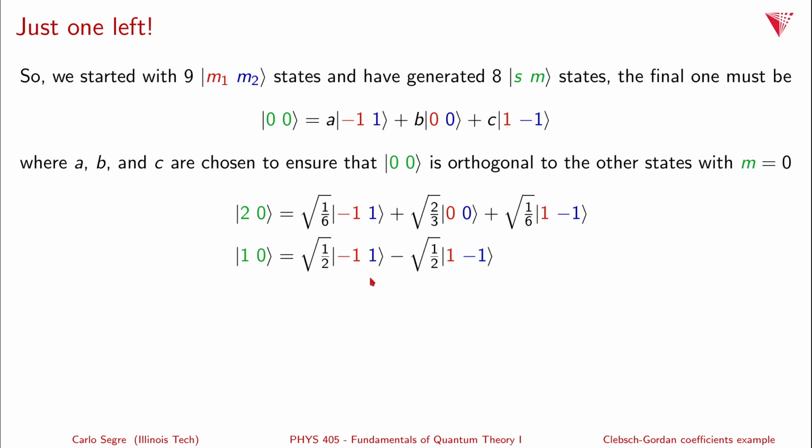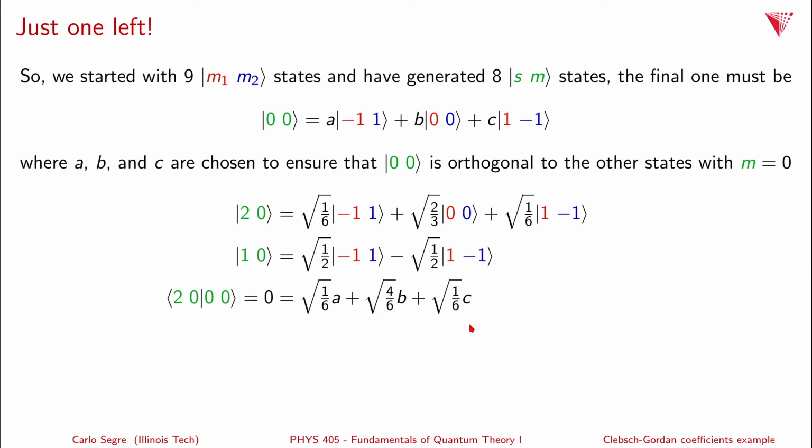Now, just looking at this, it's possible to guess, but let's just do the computation. We do that by taking the inner product of |2, 0⟩ and |0, 0⟩, and that must equal 0 if they're to be orthogonal. When we take the inner product, we get A times the square root of 1/6, plus B times the square root of 4/6, which is 2/3, plus C times the square root of 1/6.